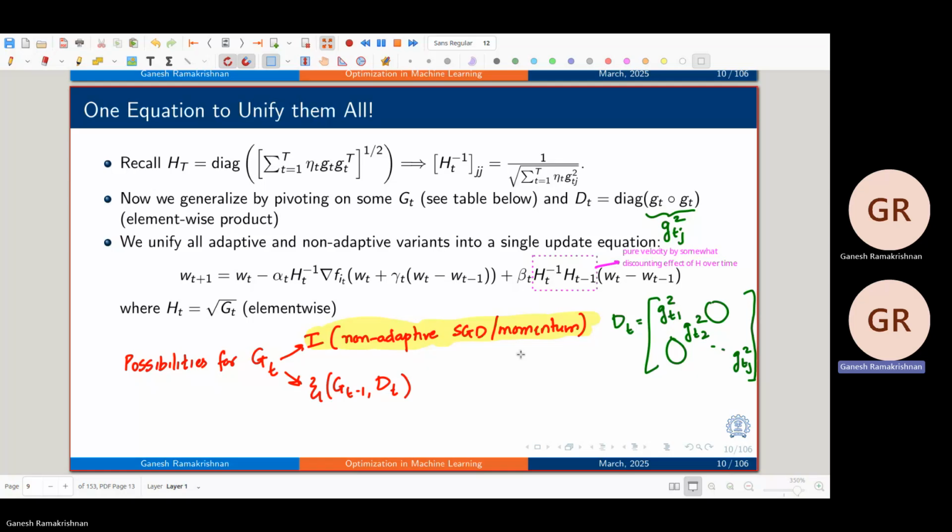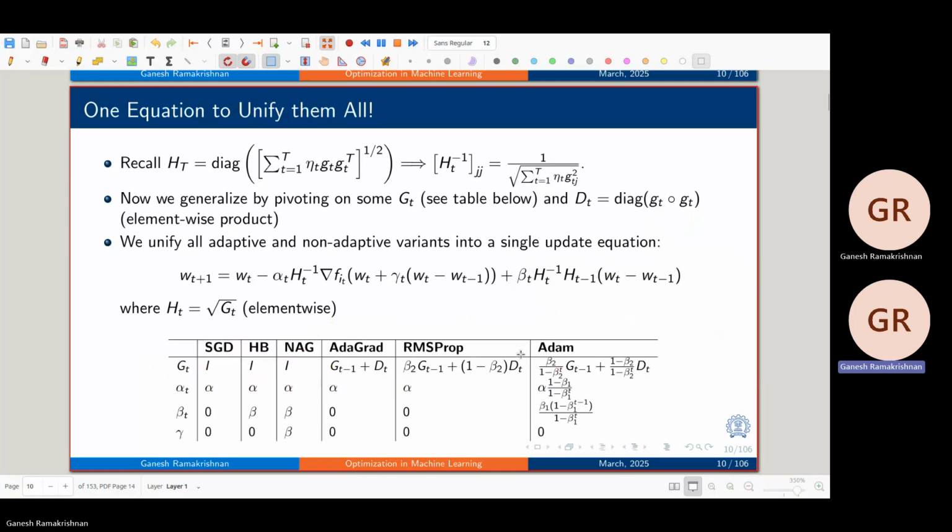Okay. So with this, let's present this table. Alpha T, in most cases, is just a base alpha. The reason alpha T is set to base alpha is that there is already a curvature term HT. There's no point adapting alpha with T as well as having a multiplicative term which captures curvature.